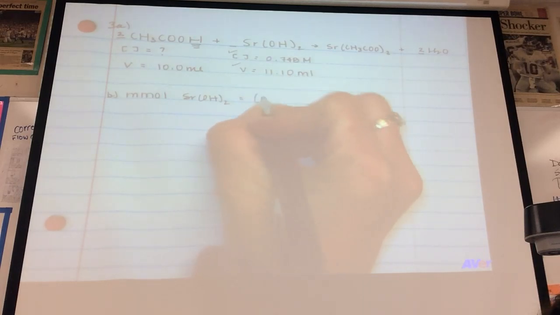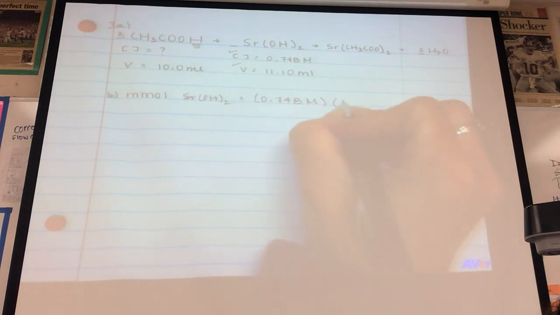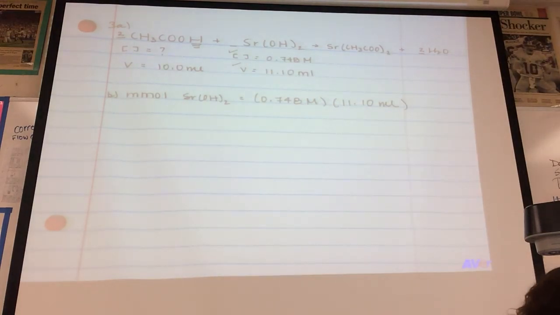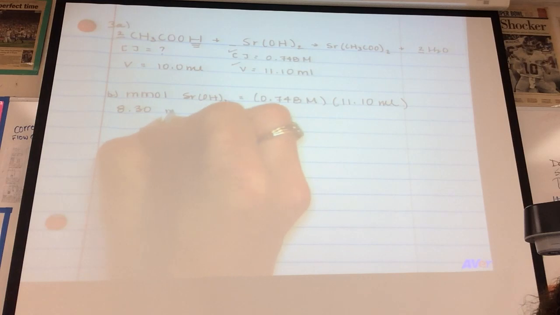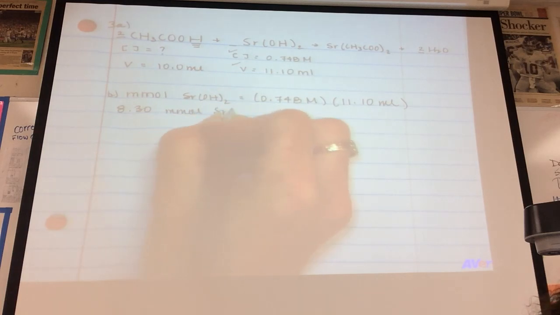So we can multiply these. And that's going to be 8.30 millimoles of strontium hydroxide.